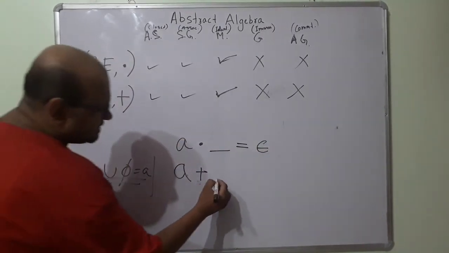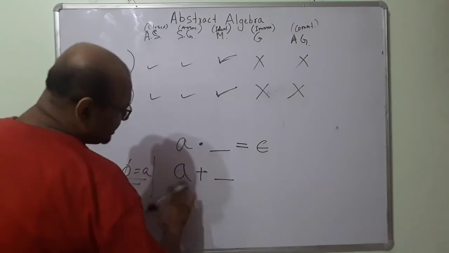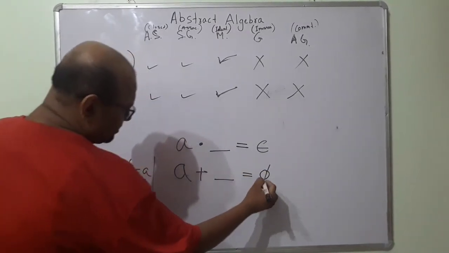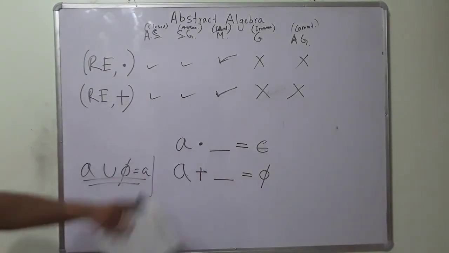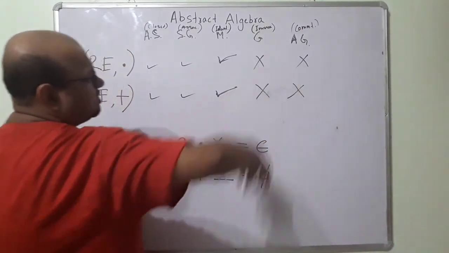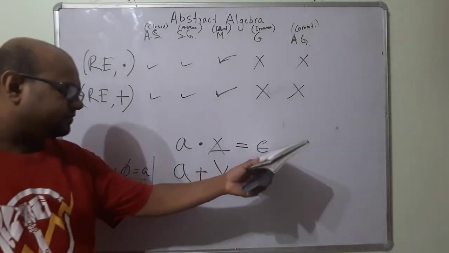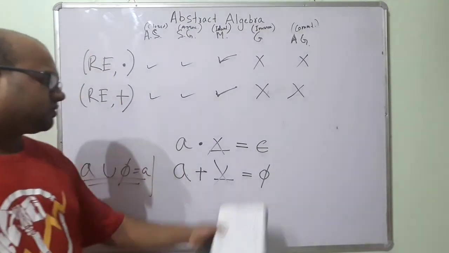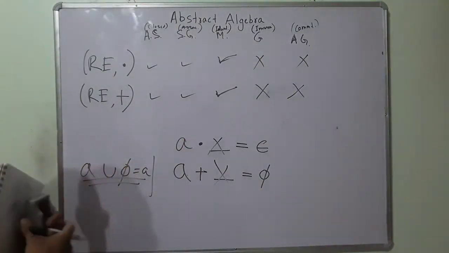Okay, there is no set that I can union, there is nothing that I can union with a string to get back the identity. Okay, so because this does not exist, this is not a group, the inverse does not exist. The identity exists, but the inverse does not exist.